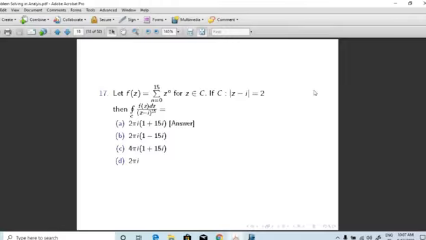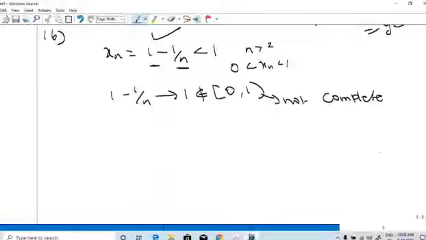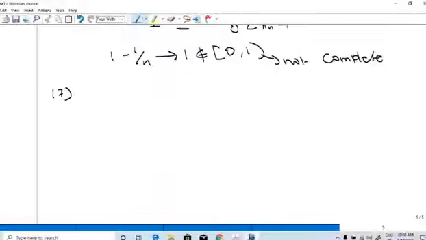Now, look at the 17th problem. This is some complex analysis. You have to use the Cauchy integral formula. So f of z equals the summation from n equals 0 to 15 of z power n, for z in C, complex numbers. Here the region is mod z minus i equal to 2.